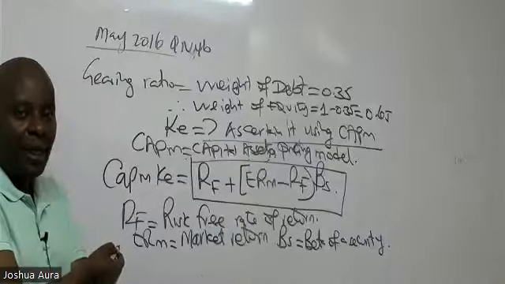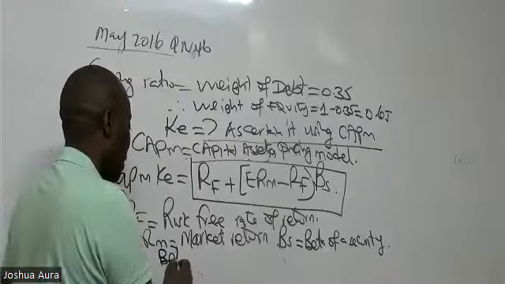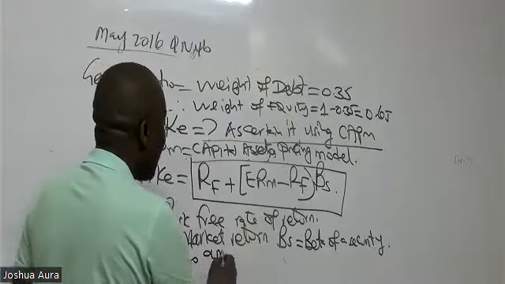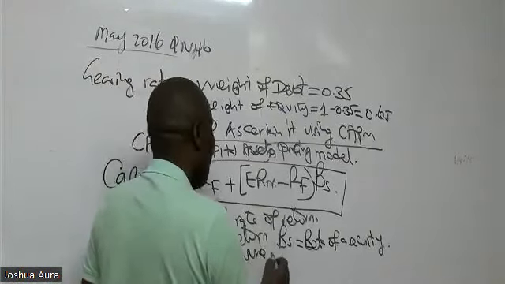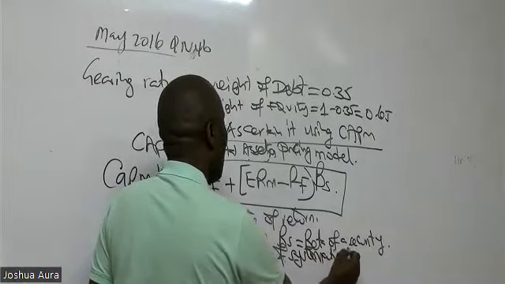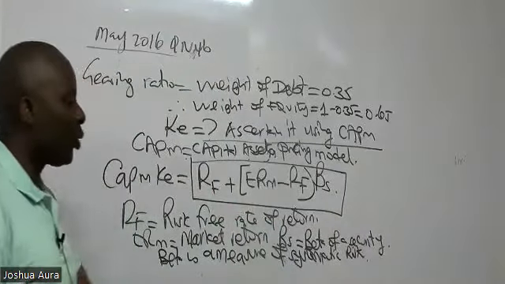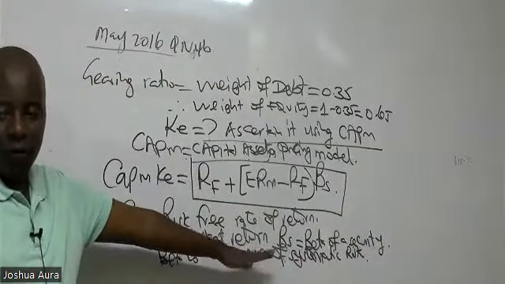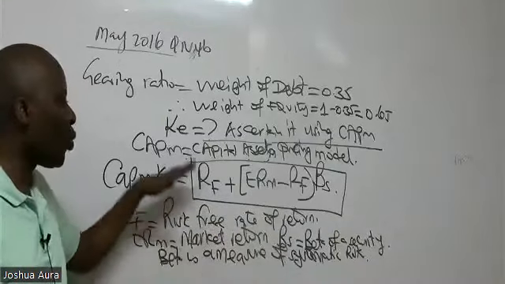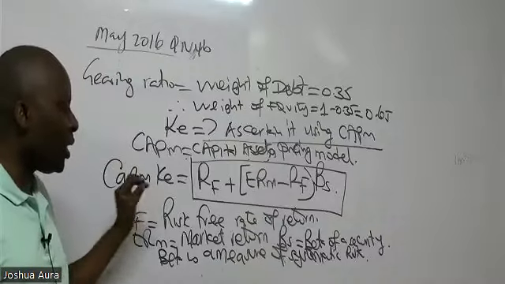So beta is a measure of systematic risk. Don't worry about systematic risk.